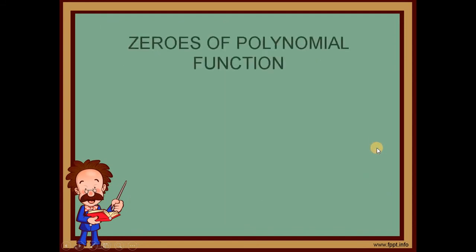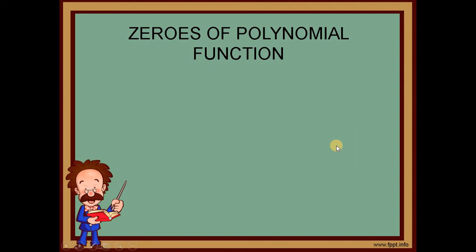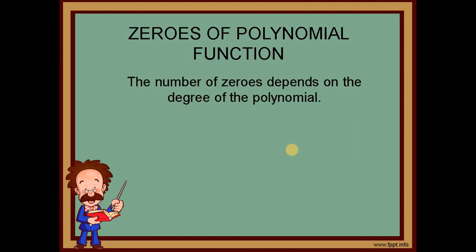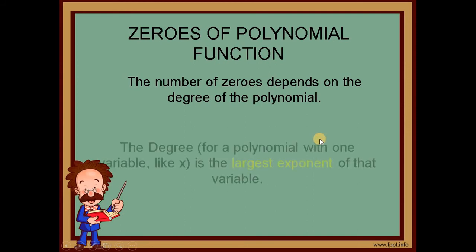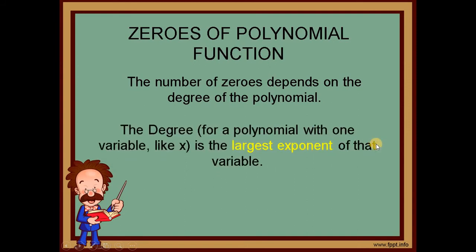Let's move on to zeros of polynomial function. The number of zeros depends on the degree of the polynomial. The degree for a polynomial with one variable like x is the largest exponent of the variable. Let's have an example: f of x equals x cubed plus 2x squared minus x plus 7.